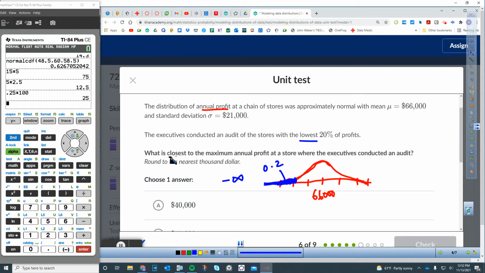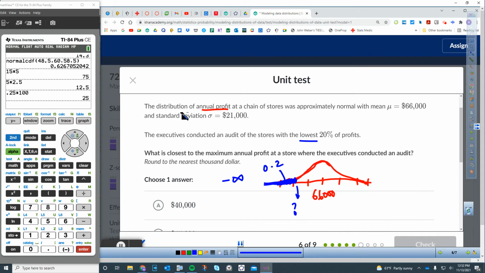Then they ask you what is the closest maximum annual profit. So they want to find this value where the executive conducted an audit. This one is the reverse of finding area.